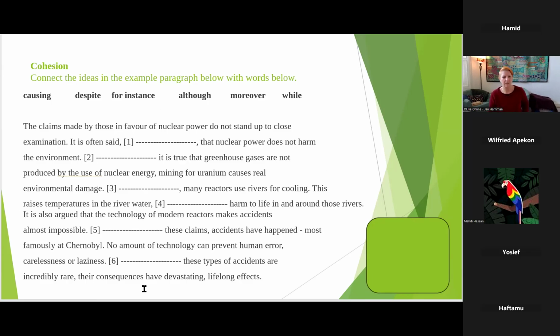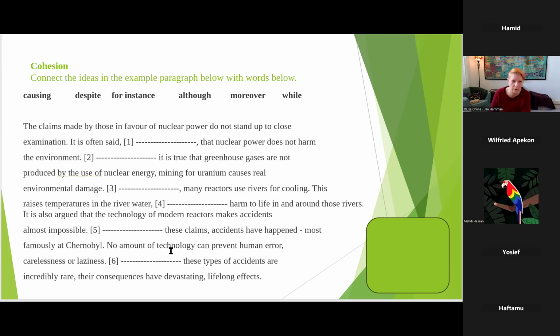So these are examples of putting together words for cohesion. And that will tie in all of your ideas. Okay. So what I'd like for you to do, hopefully, when you get this PDF, look at these paragraphs and see how the person organized it.